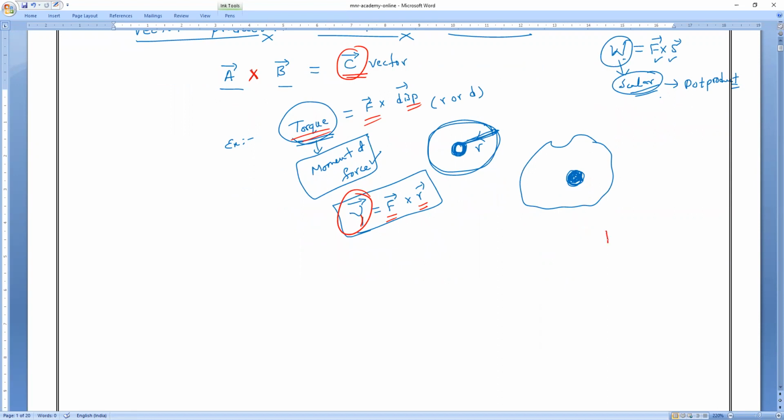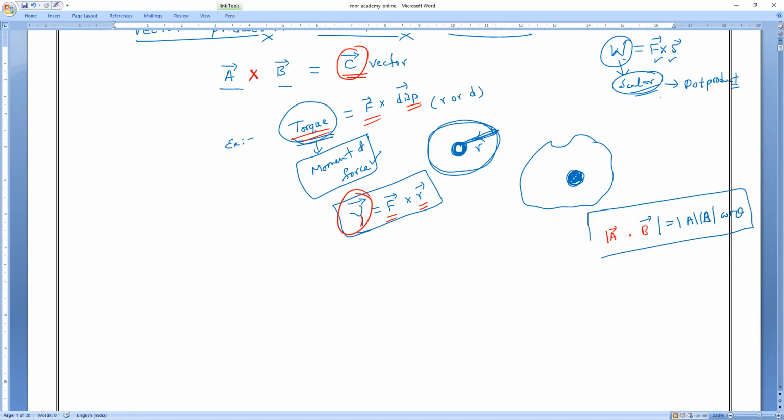Now, the cross product. You might remember the dot product first. Vector A dot vector B, what is the formula? Vector A dot vector B equals mod A into mod B cos theta.